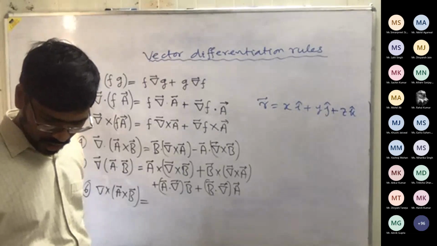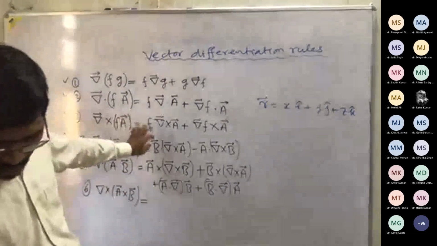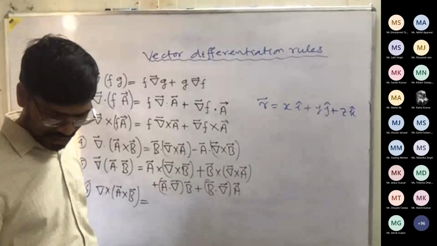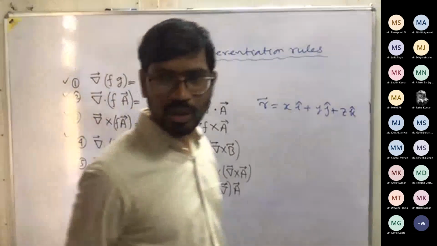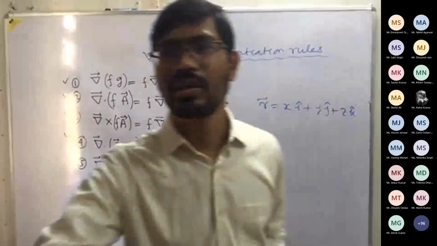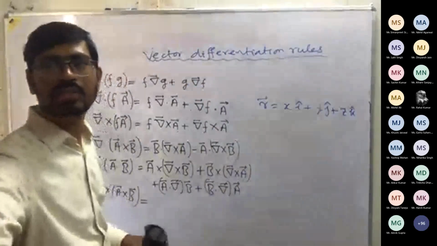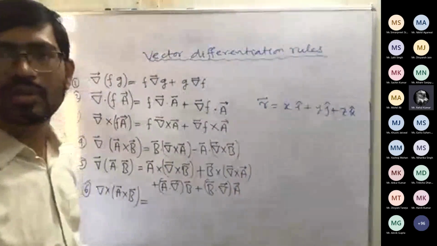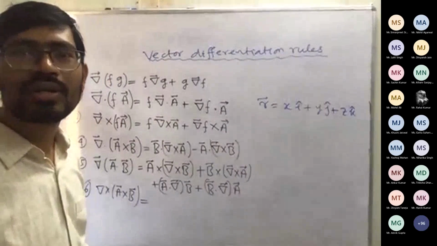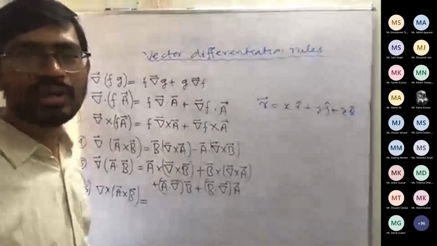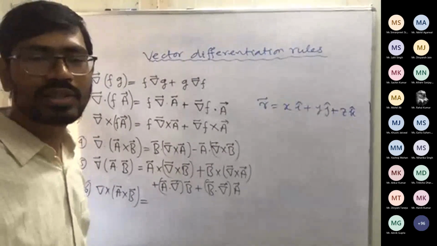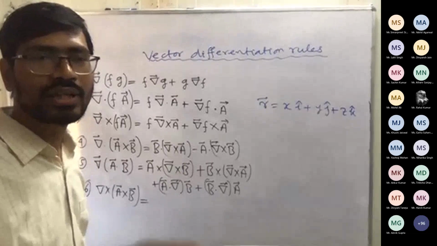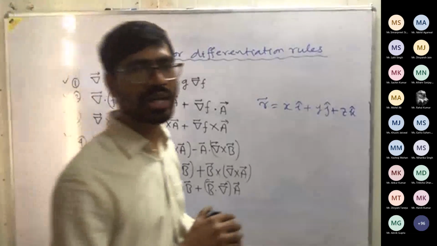So tomorrow I'll discuss a few more identities and then I'll discuss the integral theorems. By the way, do you have class now? At 11 a.m. Can you do today's class at 9:30 to 10:30? Then you'll have a half hour gap.